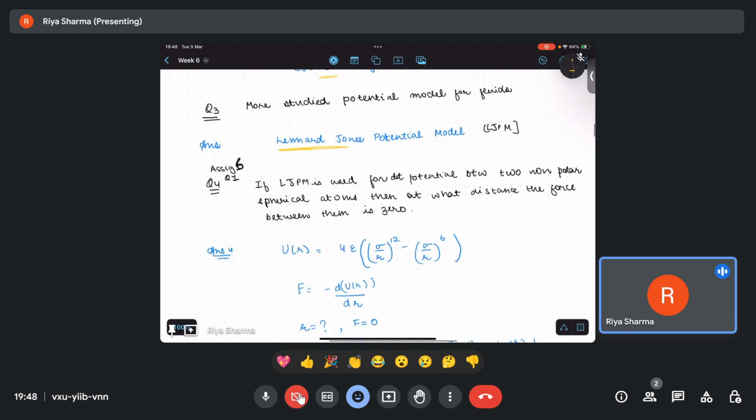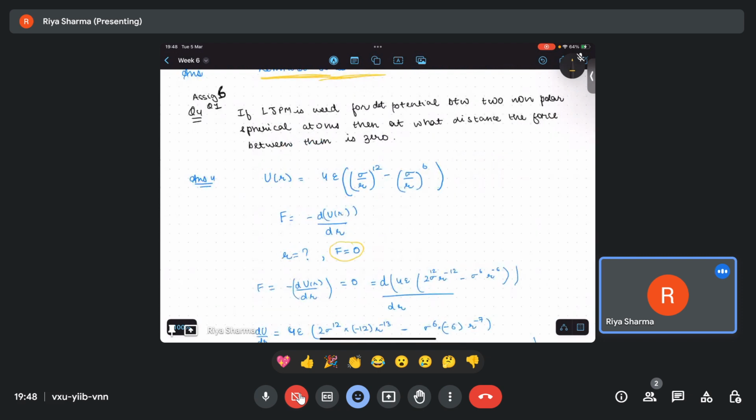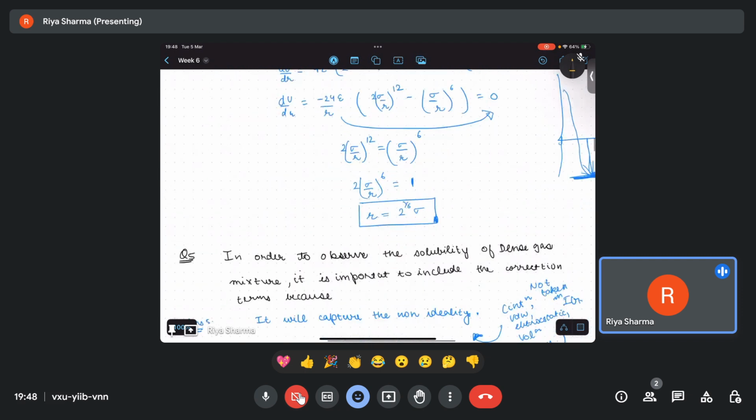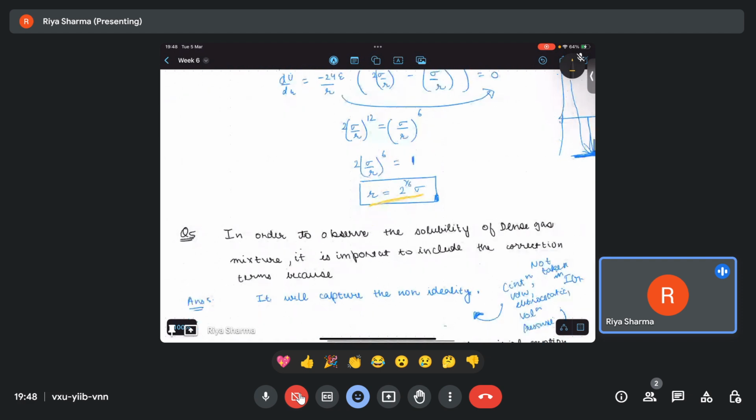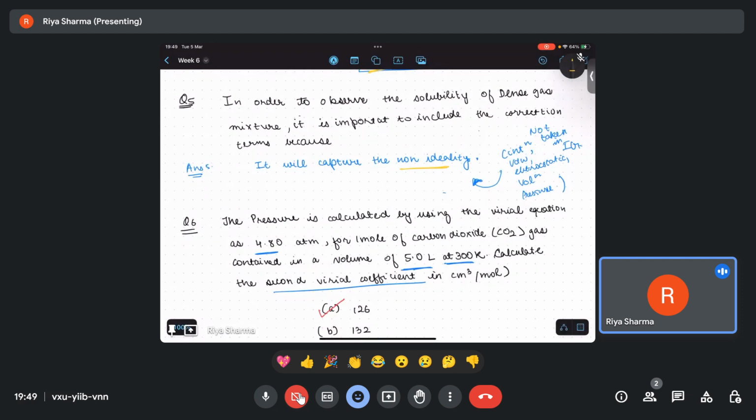The main potential model which has been used is the Lennard-Jones potential model, and we also saw what the value of r is at F equals 0. So we equated du by dr equals 0, because force is equal to 0, and after solving we found that r is equal to 2 to the power 1/6 sigma. For non-ideality in ideal gas, we have to use pressure correction terms to capture the non-ideality in dense gases.